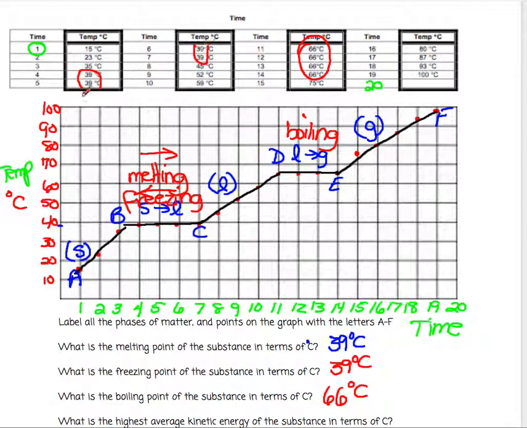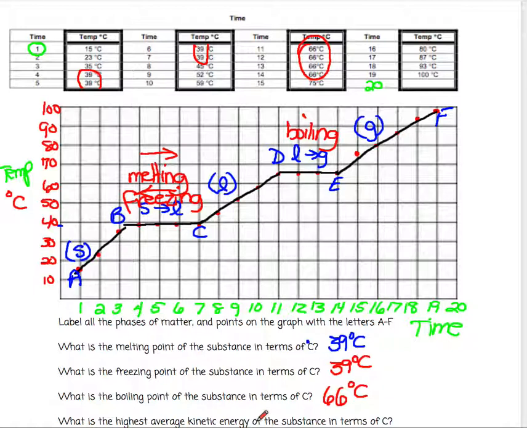That no temperature change down here is my first plateau, and no temperature change up here is my second plateau. So it's 66 degrees.